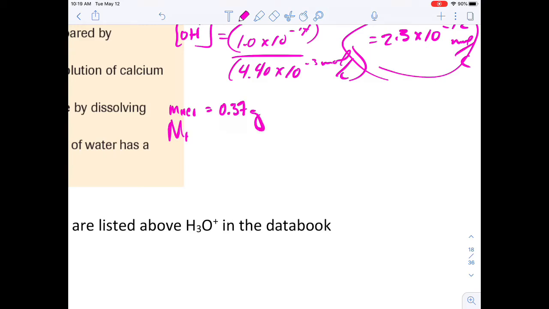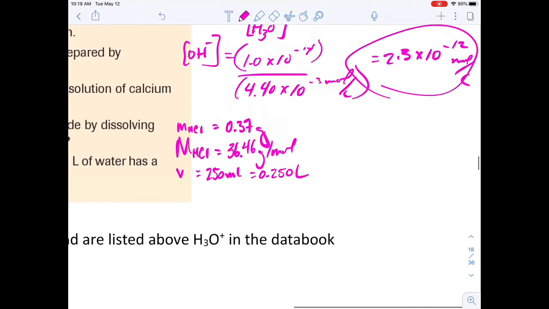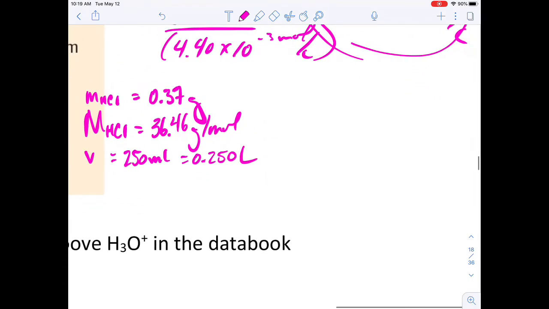The molar mass of hydrogen chloride is going to be 36.46 gram per mole. And we were dissolving it in 250 milliliters of water, so the volume is 250 milliliters, which is 0.250 liters. My number of moles of hydrogen chloride is going to be 0.37 grams, and I'm going to get rid of grams and be left with mole.